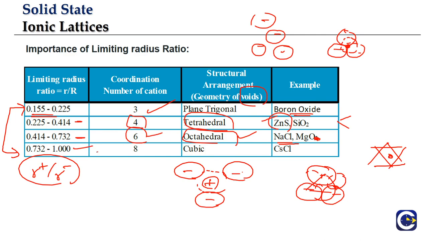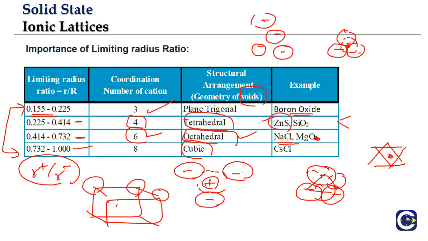If we have the radius ratio between 0.73 to 1, then the geometry of the void will be cubic. What is a cubic void? If we have, say for example, the anions sitting at the corners of a simple cubic arrangement or primitive arrangement, at the body center we'll see that there is a void.